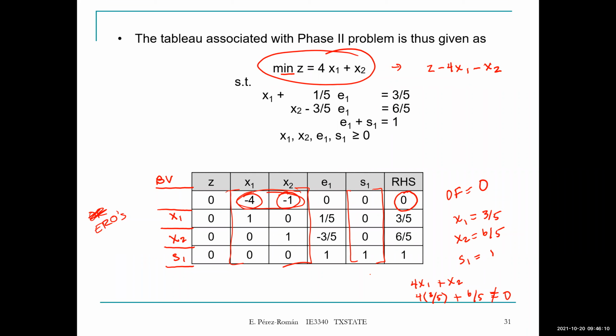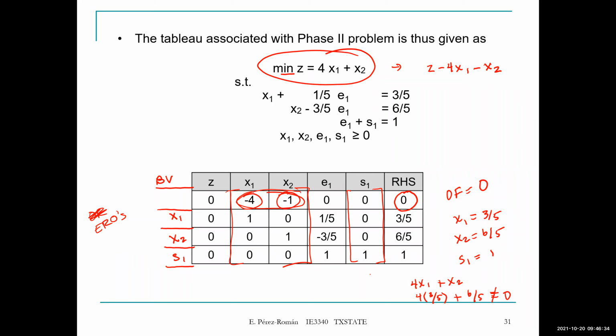If you remember, every time that's the case, it is because when you look at the identity matrix in the tableau, there's a value in row 0 that is not 0. Those values should be equal to 0. So we need to make sure that those values are equal to 0 by performing elementary row operations.